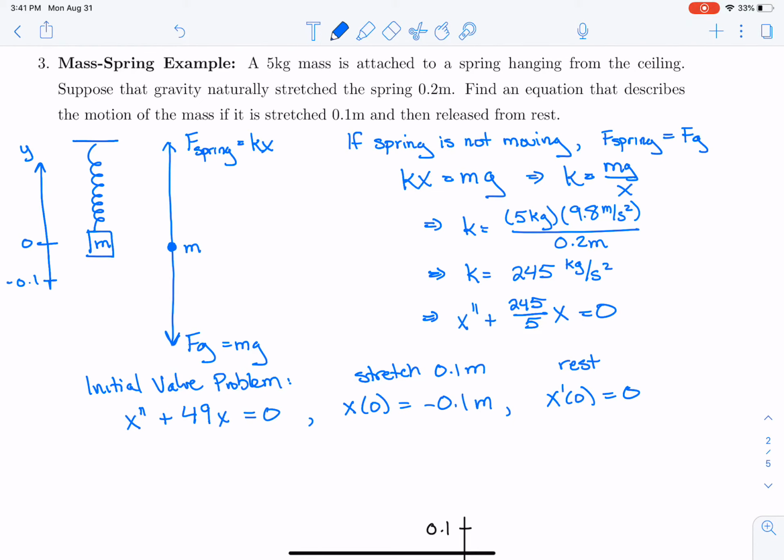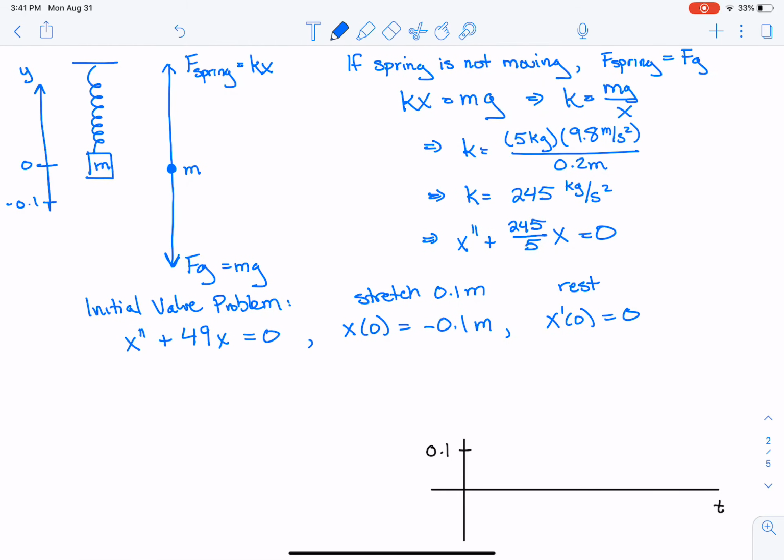Well, now I need to solve the differential equation, and the general solution we saw was C1 cosine of omega t plus C2 sine of omega t. Omega squared is 49, so omega is 7. So it's C1 cosine of 7t plus C2 sine of 7t. And then you ask yourself, what are C1 and C2?